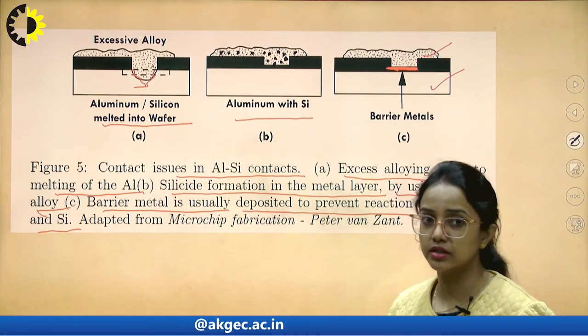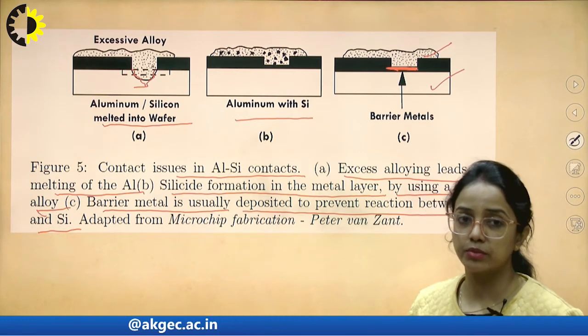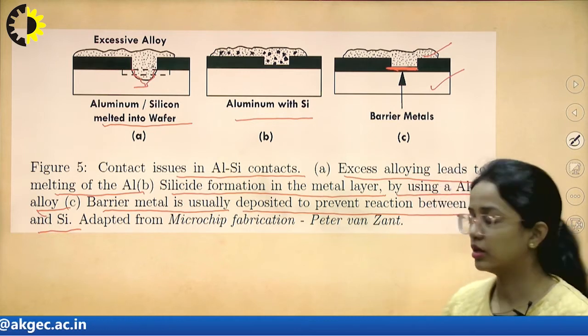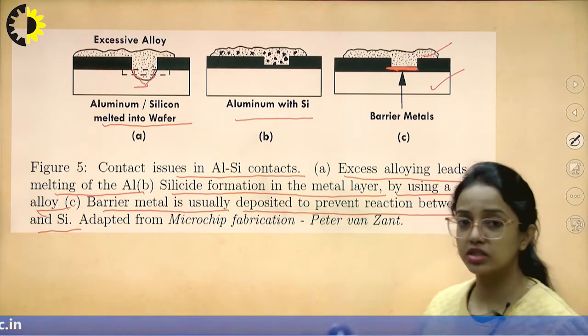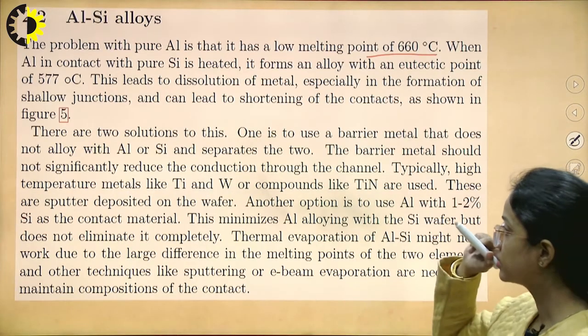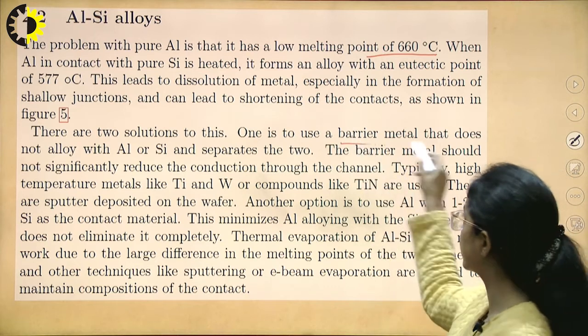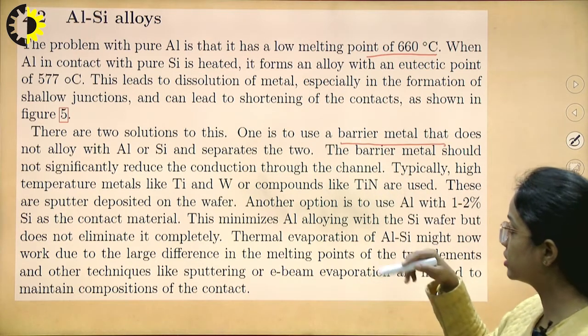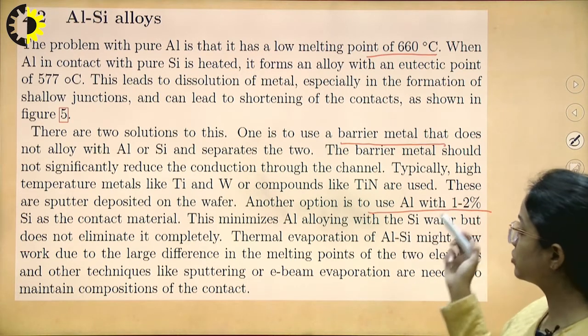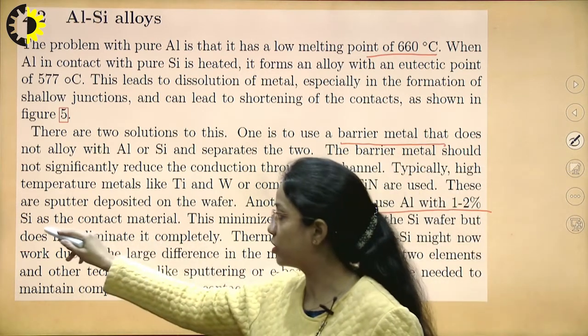We can see that this was adopted by Microchip Fabrication, a project initiated by Peter Van Zant, and there are two solutions to this. The first is a barrier metal, and another option is to use aluminium with 1 to 2% silicon as contact metal.